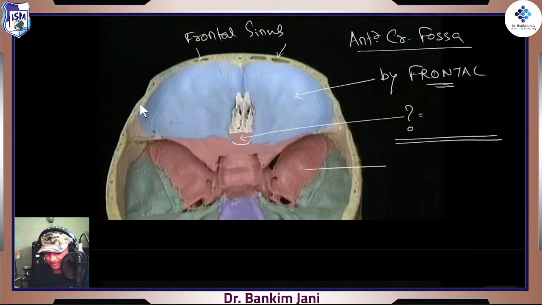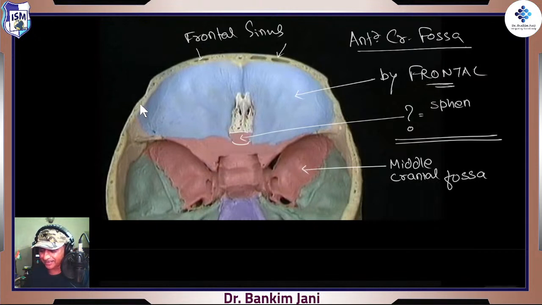This is the middle cranial fossa. No, the hypophyseal fossa we have not even talked about. We are talking about the anterior cranial. That's right. See, the sphenoid sinus, right? You remember the sphenoid sinus.